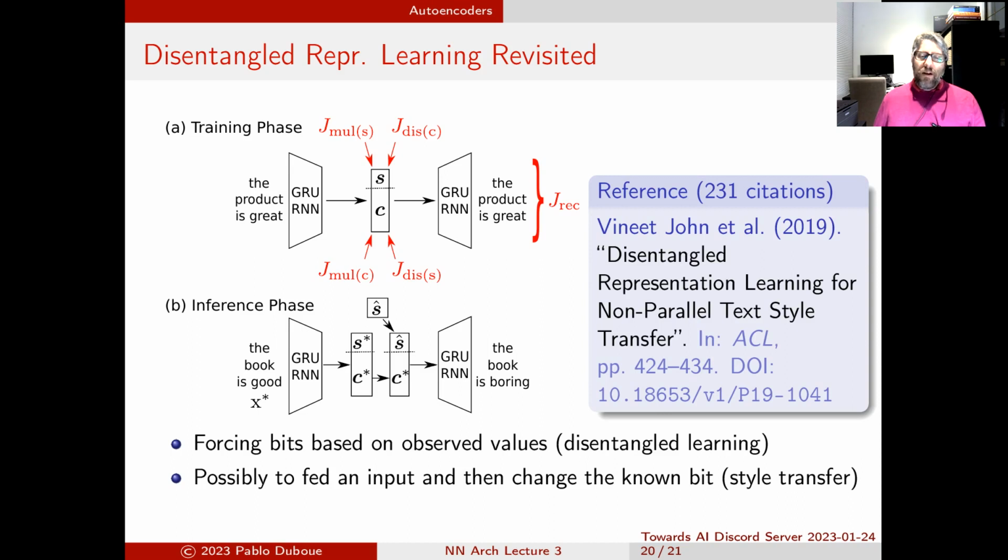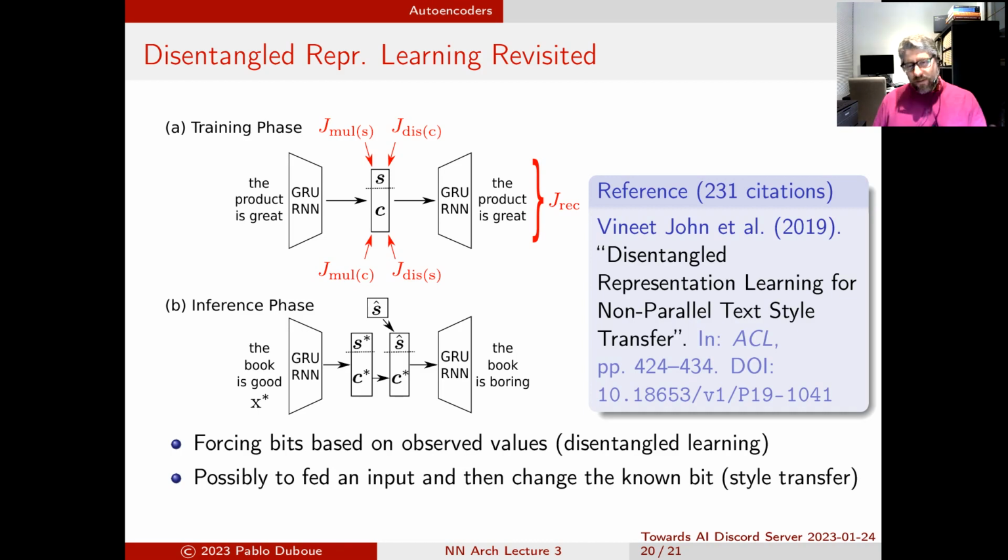Yeah. In this other technique that is used in natural language processing, using autoencoders with recurrent neural networks that we're going to see in a later class, we fix the value of some of these bits to carry a very specific semantics that we know. So in this example from a paper from 2019, we have a product review, and we are trying to feed the review and recover it back. So it's an autoencoder.